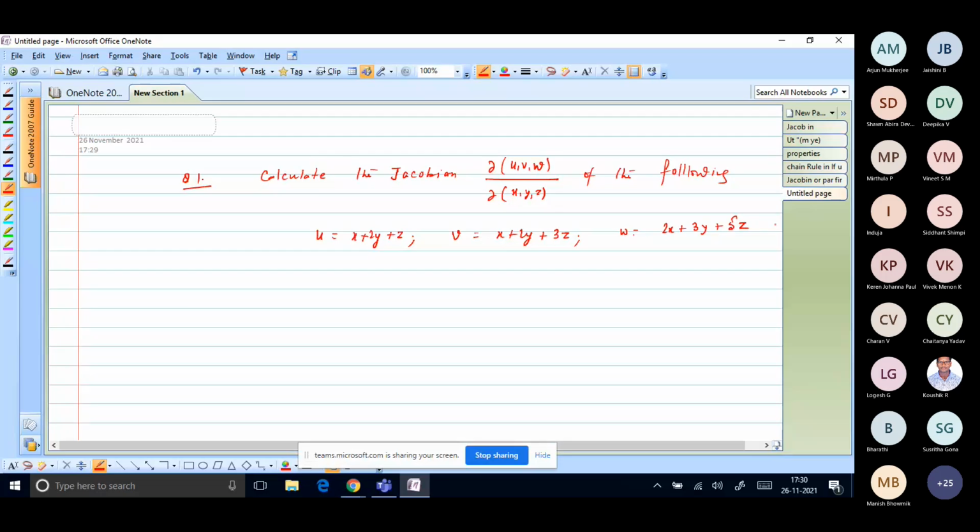Okay, so it's simple. I have to calculate del u upon del x, del u upon del y, del u upon del z, and the same for v and for w.